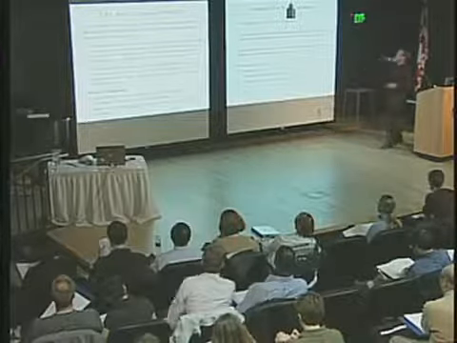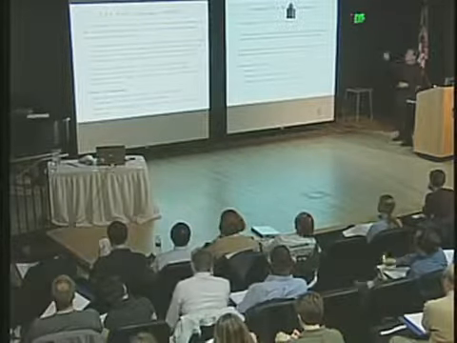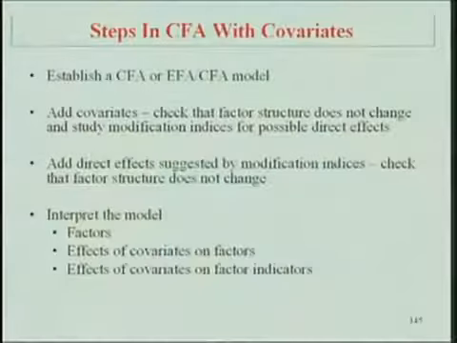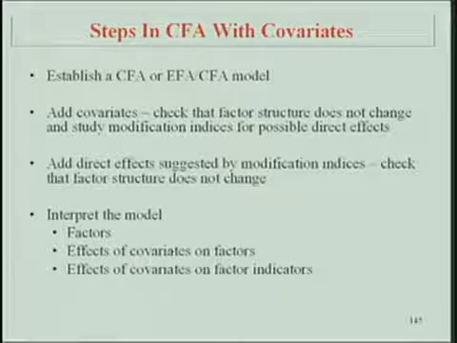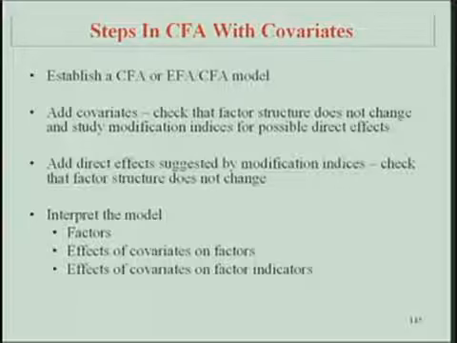Steps in the CFA with covariates are the same as we had for continuous outcomes. Establish a CFA or an EFA-CFA model. Add covariates. Check that the factor structure does not change when you add the covariates. Study modification indices for possible direct effects, which are indicators of measurement non-invariance.